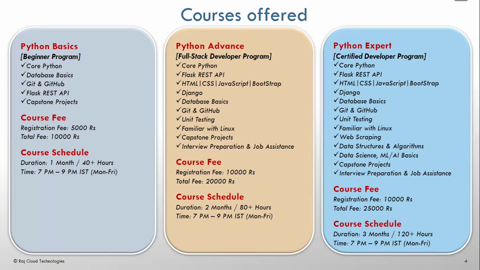Coming to the timing, most of the students prefer sometime in the evening. A couple of the students prefer the morning. So as of now, we have just mentioned an evening program from 7 p.m. to 9 p.m., because we also got feedback from working professionals from different sources.